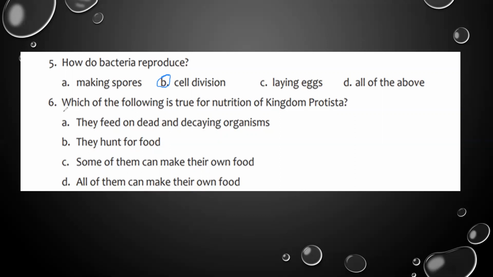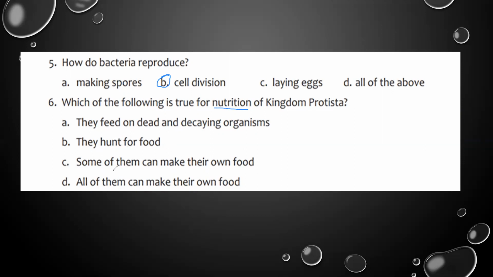Okay, number 6. Which of the following is true for nutrition of Kingdom Protista? A, they feed on dead and decaying organisms. B, they hunt for food.